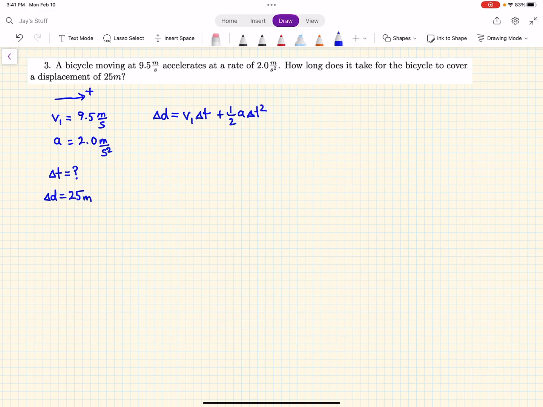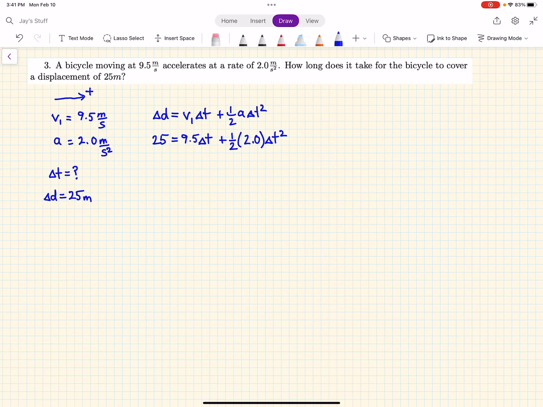So let's sub in everything that we have here. 25 equals 9.5 delta t plus 1/2 times 2.0 delta t squared.